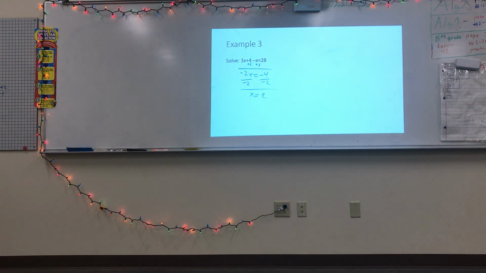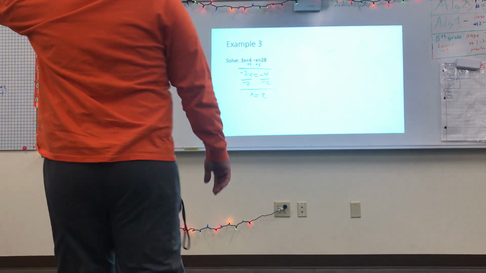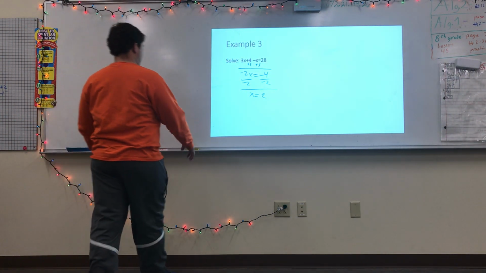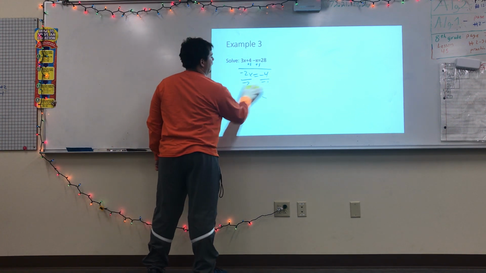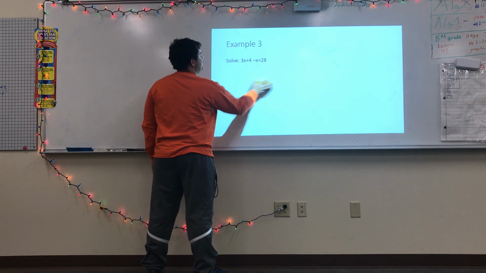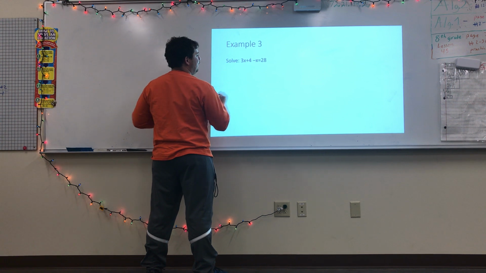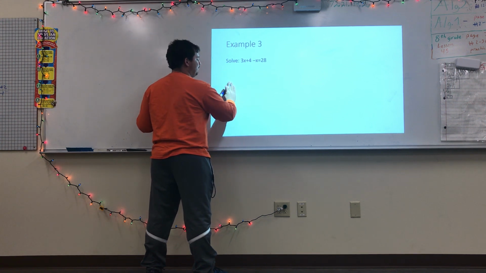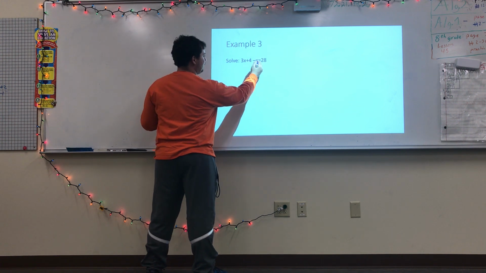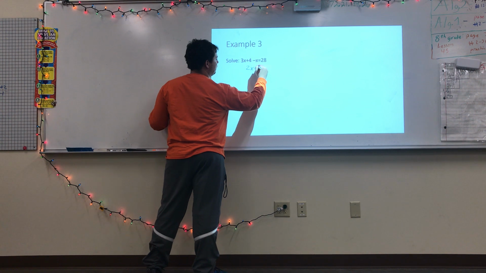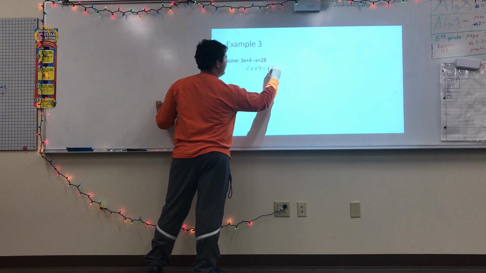Example number 3. The biggest thing that's different about example number 3 is the fact that we're not already kind of solved on one side. So on this one we're going to have to take 3x minus x and get 2x plus 4 equals 28.